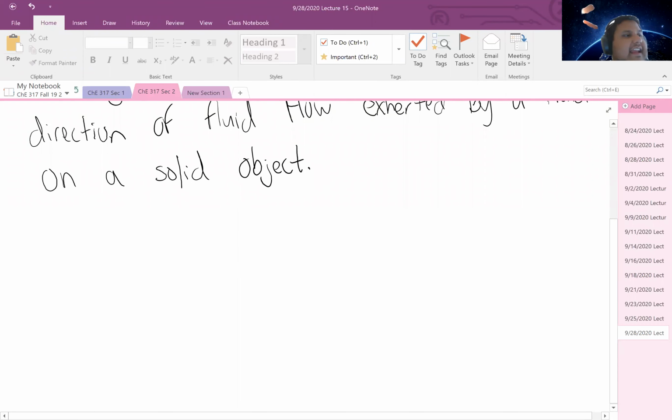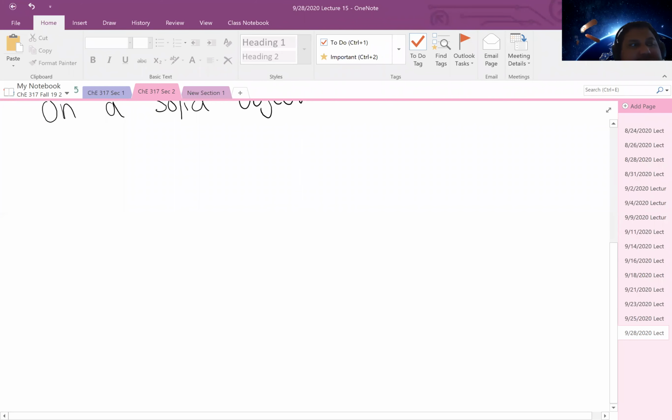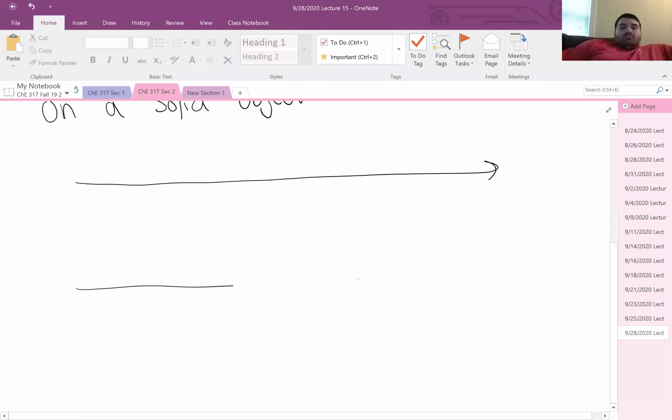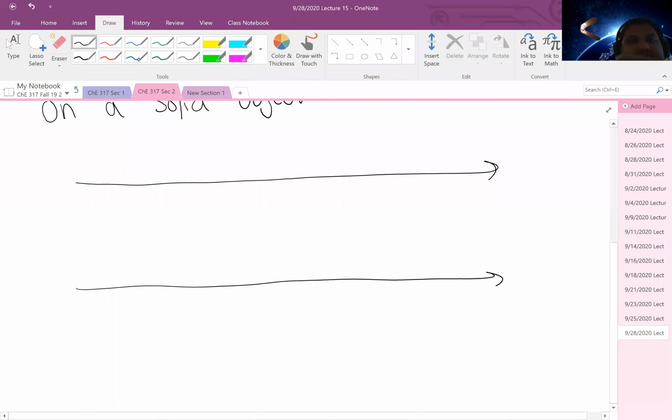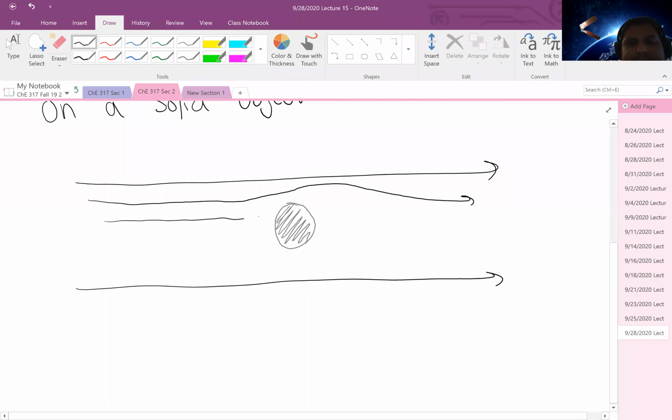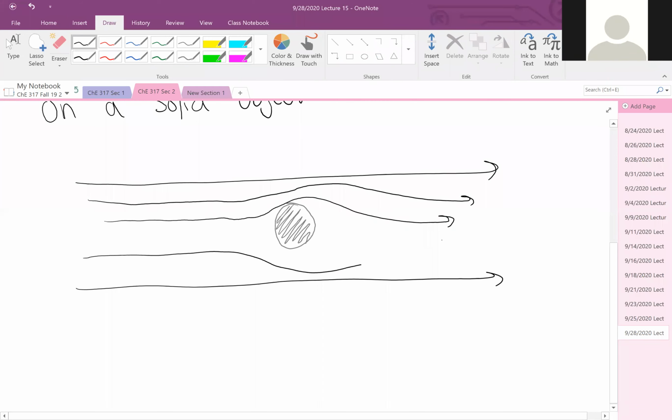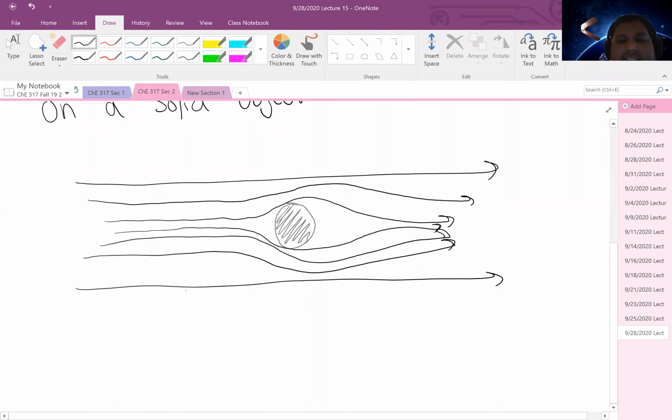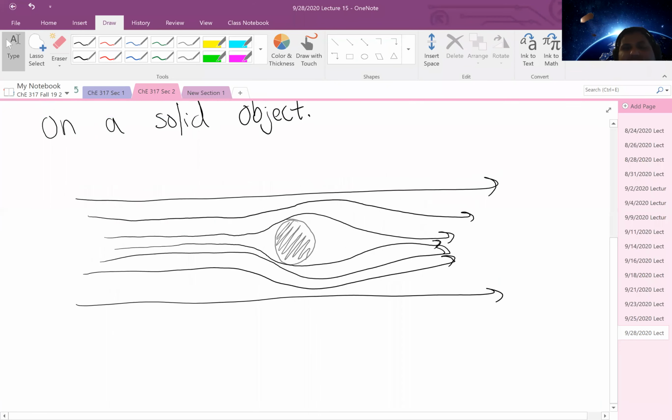Meaning if I have a system of flow, and in that flow field, let's say I have an object, a little sphere, the fluid would exert a drag force on the object, and by Newton's law, the object would exert a drag force on the fluid.